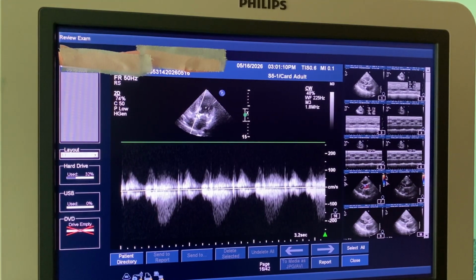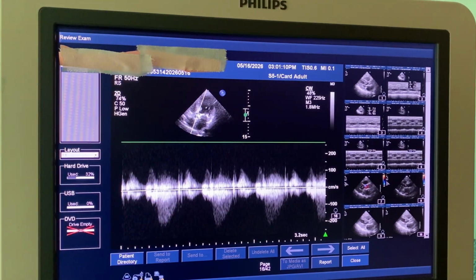Ideally, we're supposed to do pulse wave there? No. Do continuous wave, because we have confirmed the velocities are high and aliasing was there. With the valve not opening well, we expect high velocities. Putting pulse, you won't see anything. So you have to use continuous, but make sure you are measuring the maximum velocity.